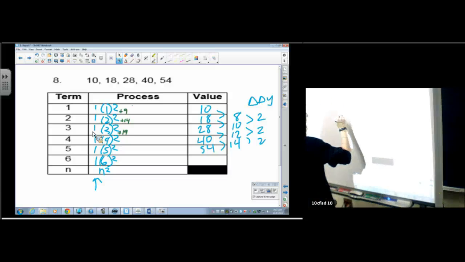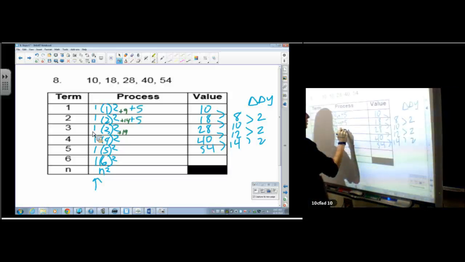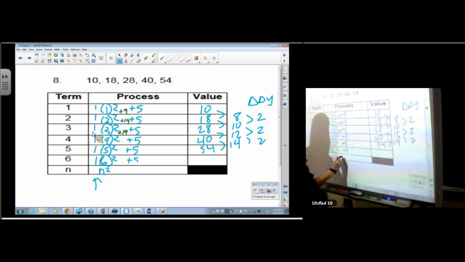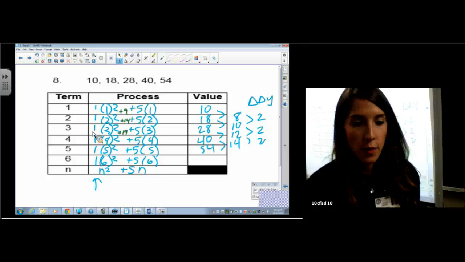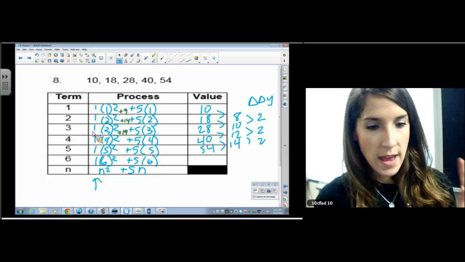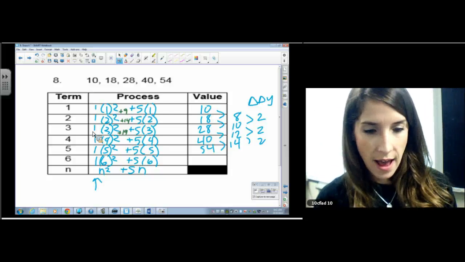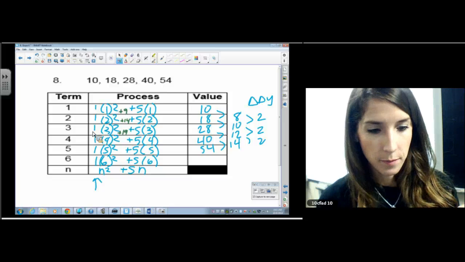So 5 is my middle term. 5 is the change in the what do I needs. Our middle term, you just write the plain old term. It's not squared, it's to the power of 1. So far, we have n squared plus 5n. That's what we have so far.